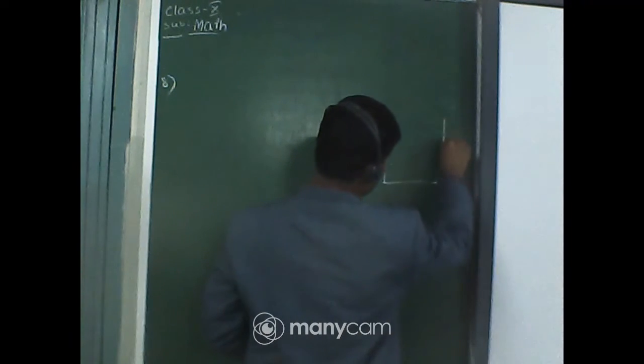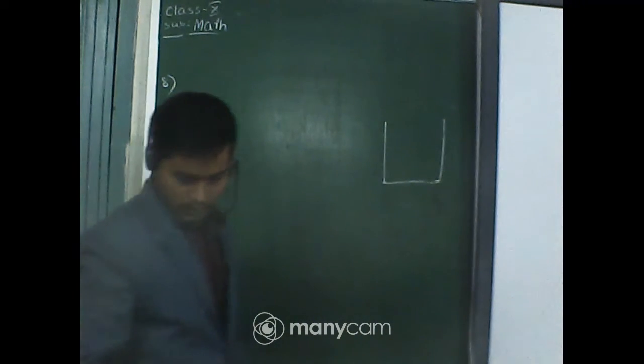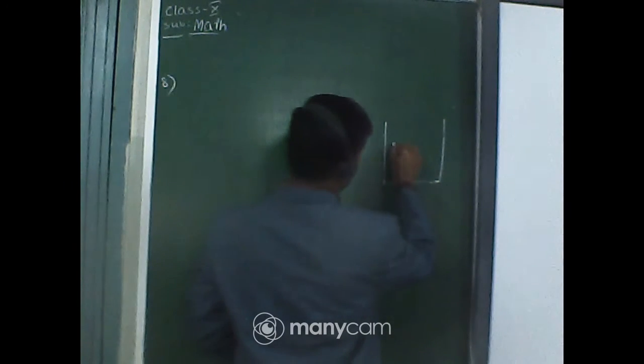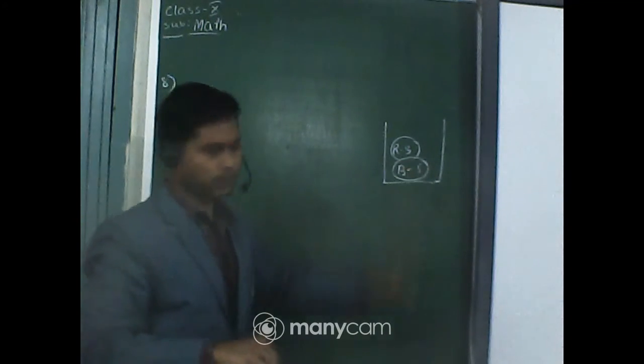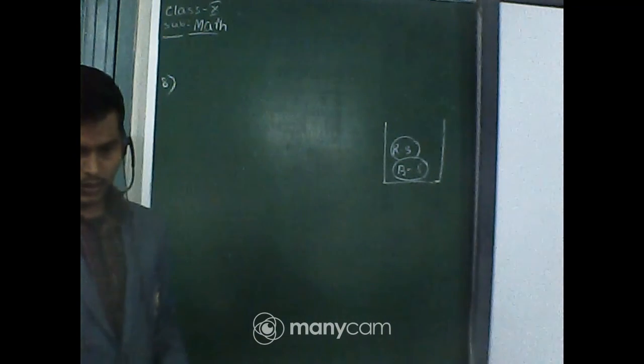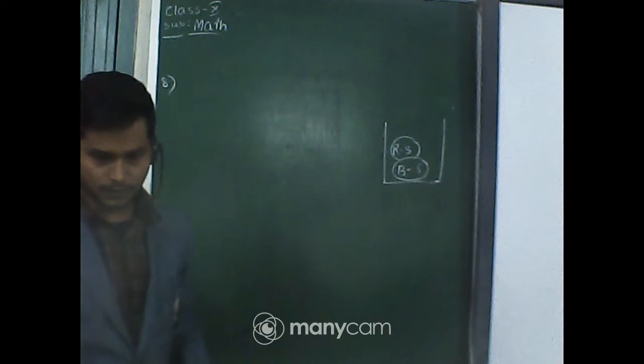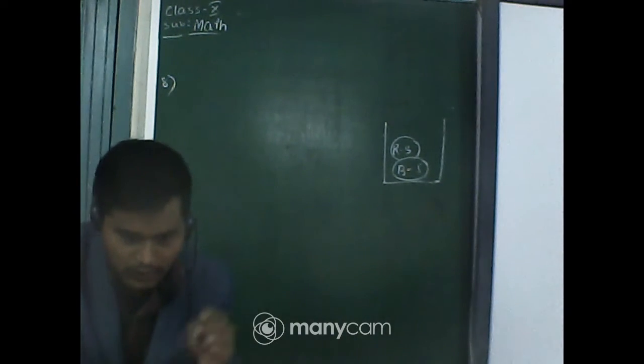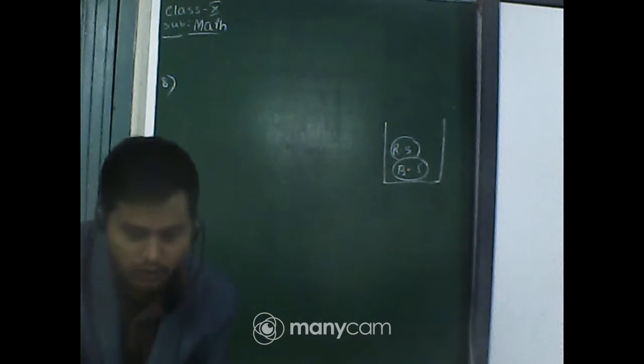So here we have a bag, and 3 red balls and 5 black balls are there. You put your hand and pick up a ball. You have to find the probability that the ball will be red. That was the first question. And the second question is, it is not a red ball.